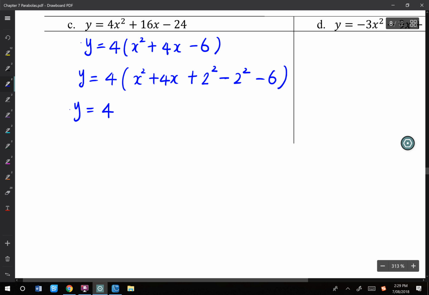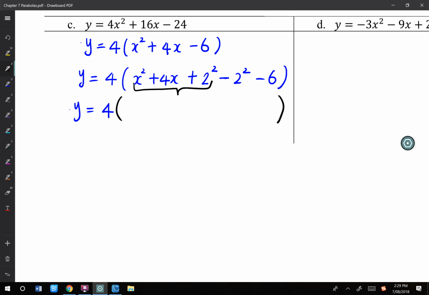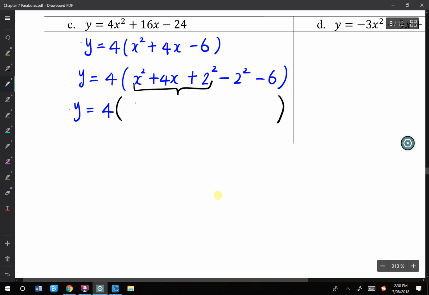If you remember, this bracket is not touching the 4, it's still with a bracket, but inside, for those 3 terms, we'll create another bracket, which is x plus 2 squared.